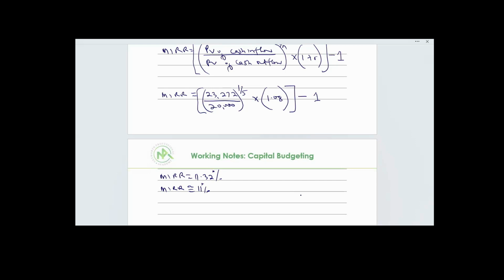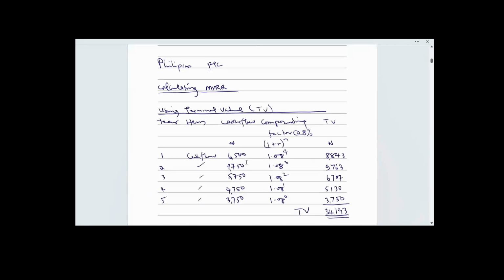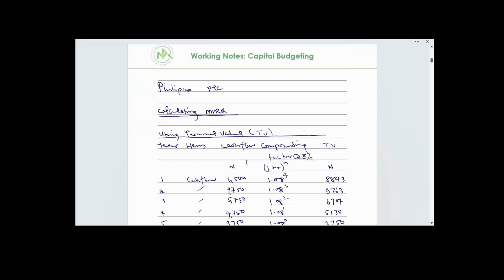So this is how to calculate modified internal rate of return. I will repeat. When you want to calculate modified internal rate of return, there are two methods that you can use. You can either use terminal value method or present value method. Using terminal value method, there are 3 steps.